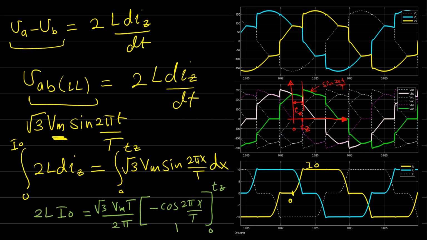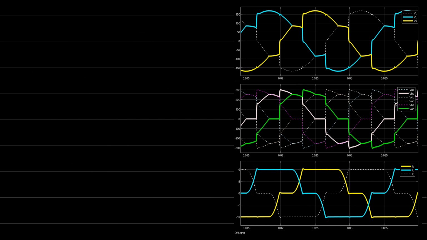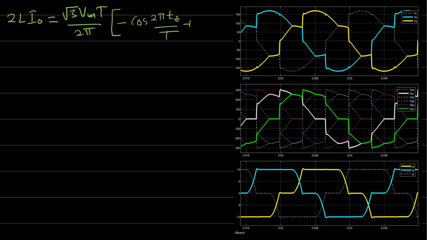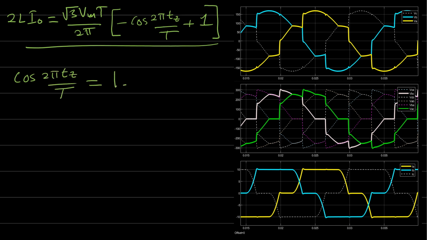Some arrangement for this equation: 2L times I out equals the square root of 3 V maximum T over 2 pi times minus cosine 2 pi Tz over T capital plus cosine 0, which is 1. With some arrangements, you will get that cosine 2 pi Tz over T is equal to 1 minus 4 pi L times I out over the square root of 3 times V maximum times T.